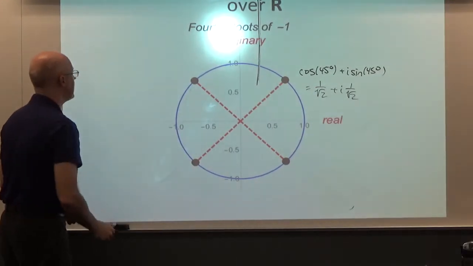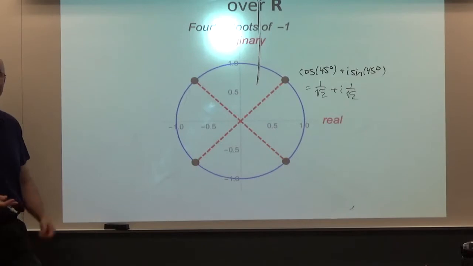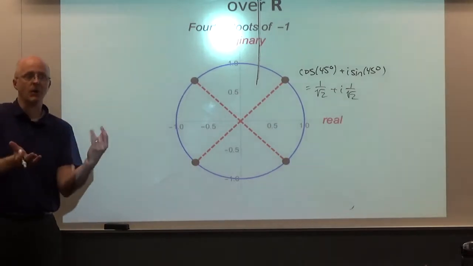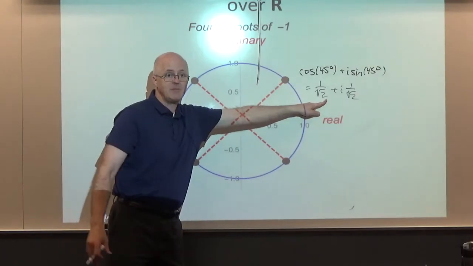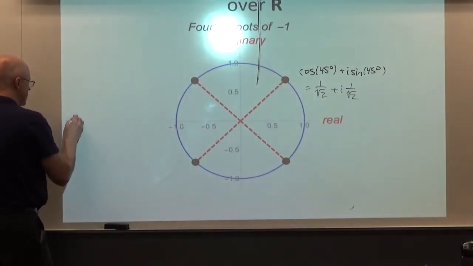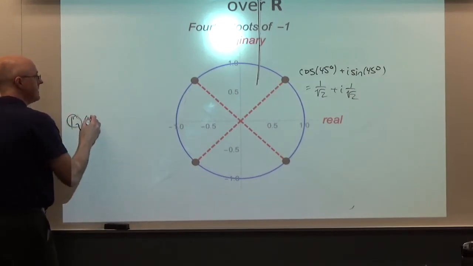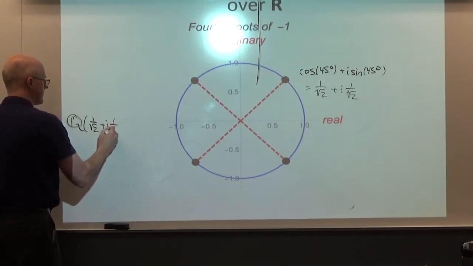You might hope then that the splitting field in both examples would be either Q or R adjoined, say just this thing. And that would be good enough. Those would be the answers. So in the first case, it's Q adjoined 1 over root 2 plus i times 1 over root 2.